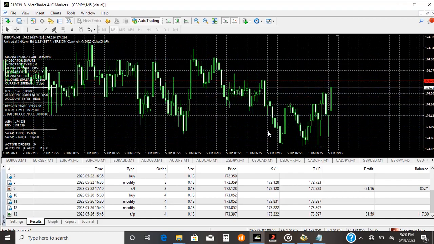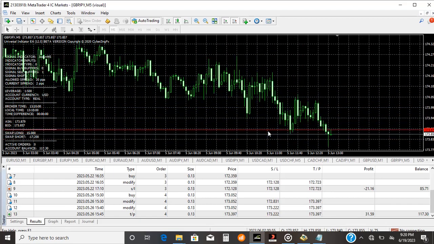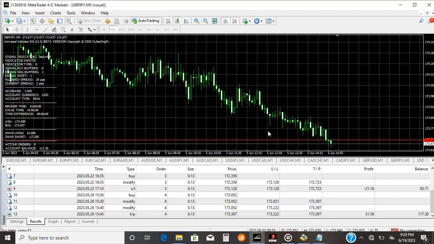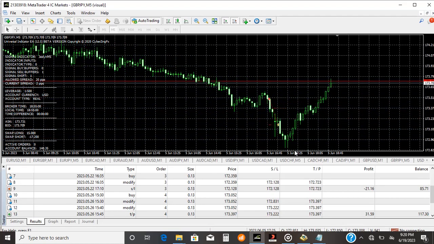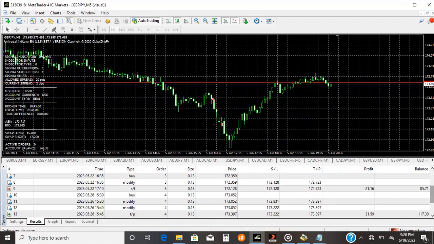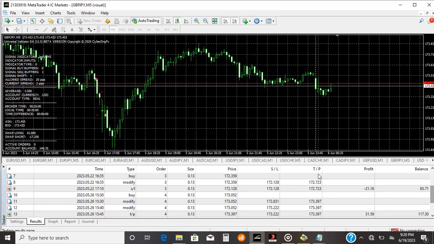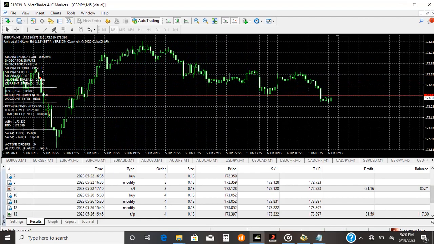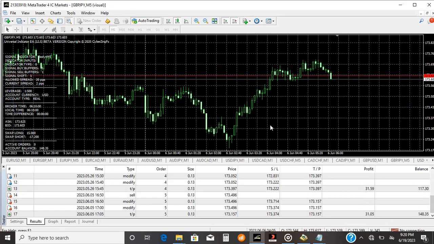Trading doesn't only require you to know when to enter. It's also very important for you to know when to exit. Okay, we have another trade here.